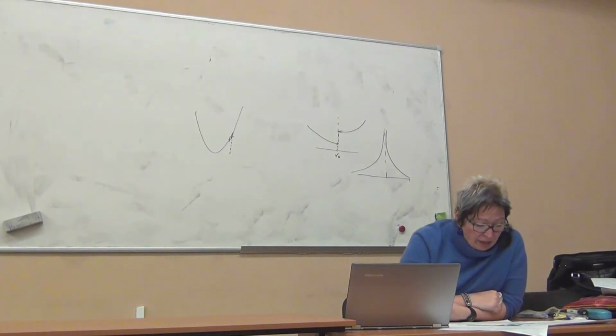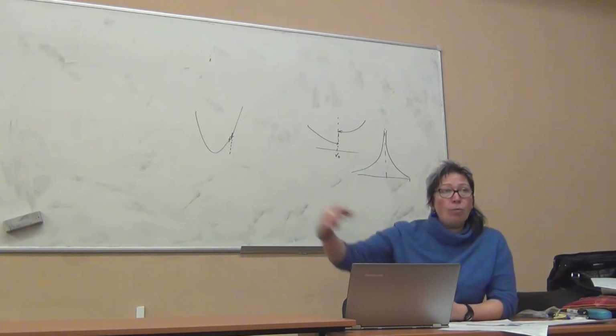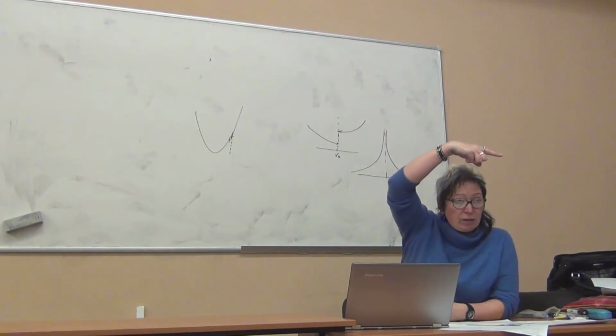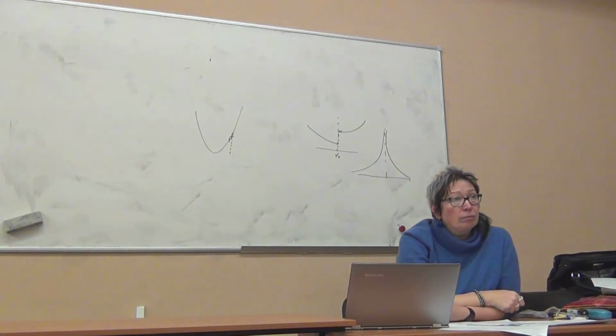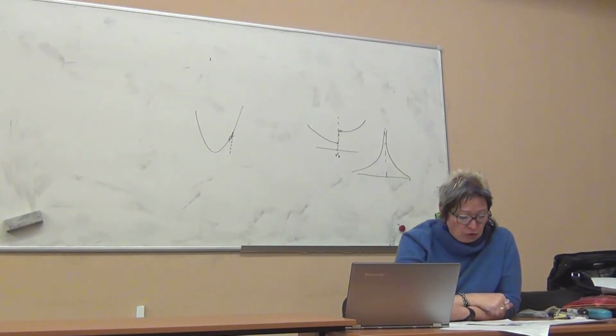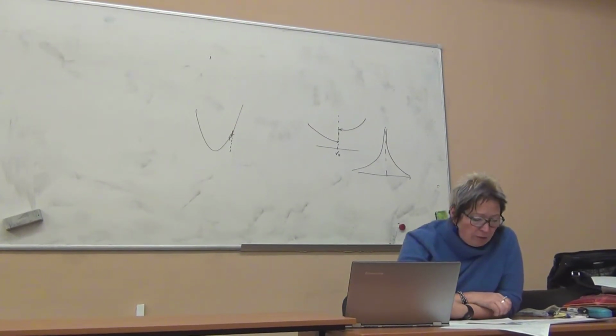So, A, limit as x tends to 0 minus of this function. 0 minus means from the left-hand side, so it's the one-sided limit from the left. Look at the picture. As x approaches 0 from the left, what is the function value?